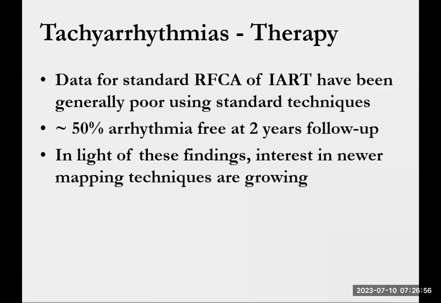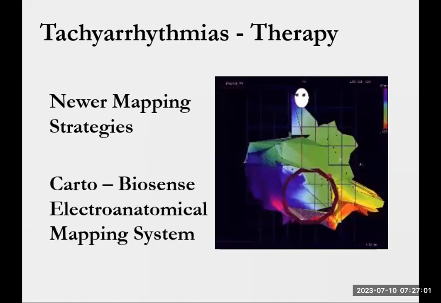But we have come up with a number of newer techniques in the last decade or two that have helped. And the first is the use of electroanatomical mapping systems such as CARTO. St. Jude makes an alternative product. And the benefit of CARTO is that we can both record the location of the catheter in space as well as the signal.